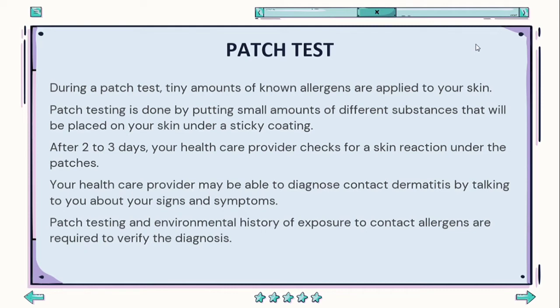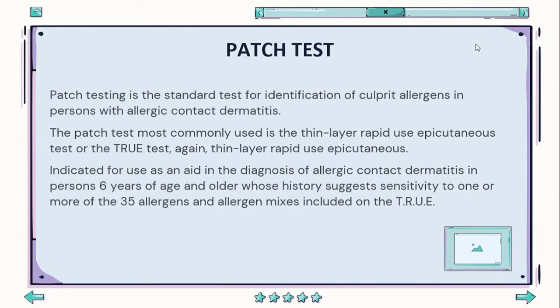Your healthcare provider may be able to diagnose contact dermatitis by talking to you about your signs and symptoms. Patch testing and environmental history of exposure to contact allergens are required to verify the diagnosis. Patch testing is the standard test for identification of culprit allergens in persons with allergic contact dermatitis.